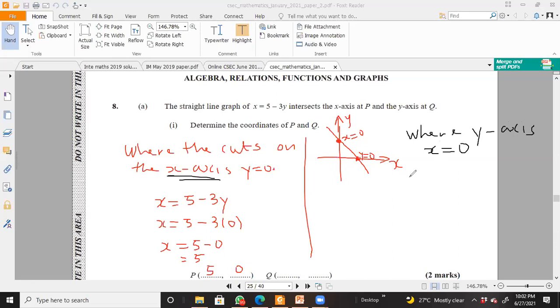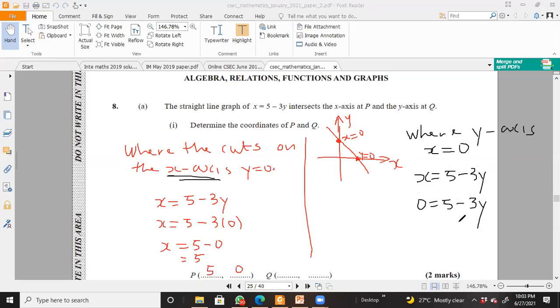So you are going to write the formula: x is equal to 5 minus 3y. Then you're going to put in x, where we put a 0: 0 is equal to 5 minus 3 times y.